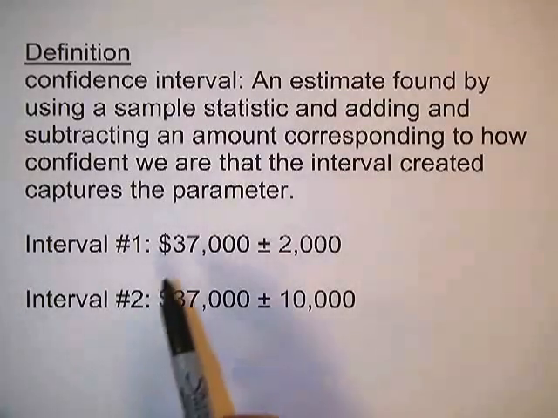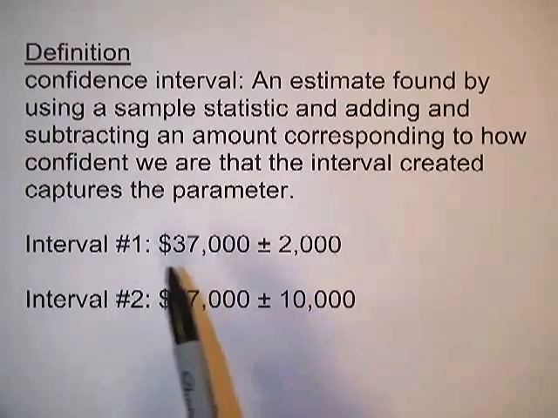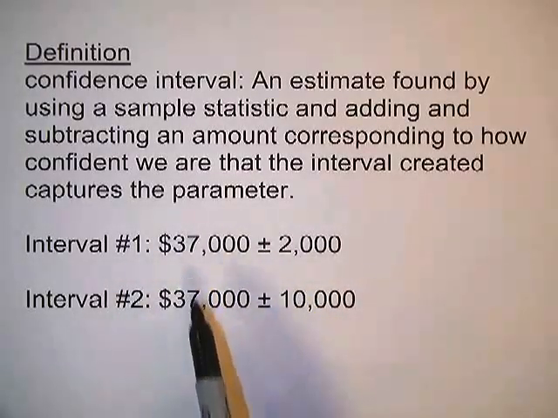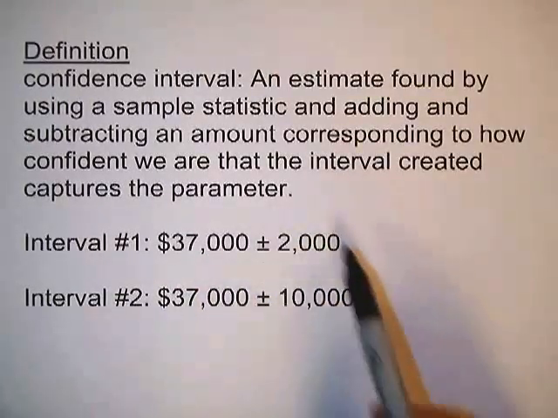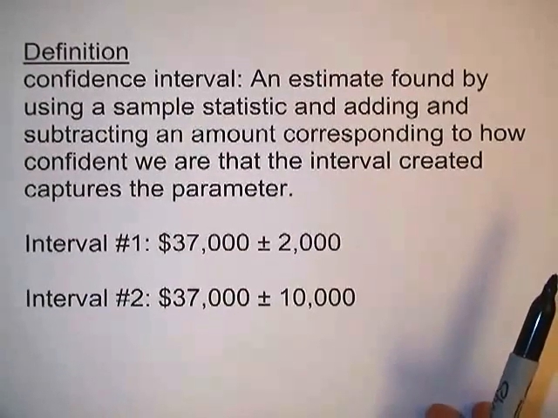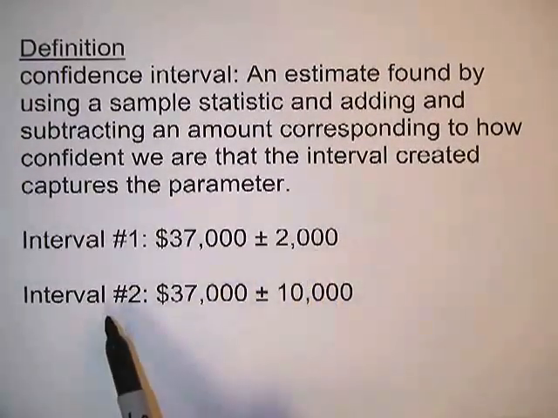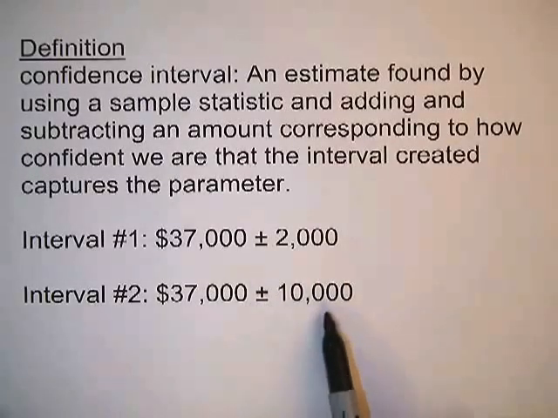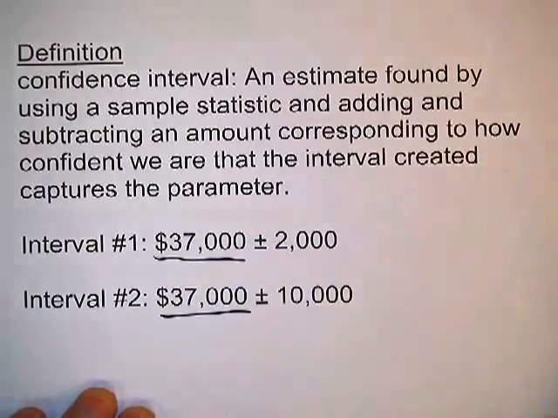So what I did is I rewrote each of those previous intervals as the statistic plus or minus this secondary amount here. The first one was 37,000 plus or minus 2,000. Interval 2 was 37,000 plus or minus 10,000. In this case, our statistic was 37,000.